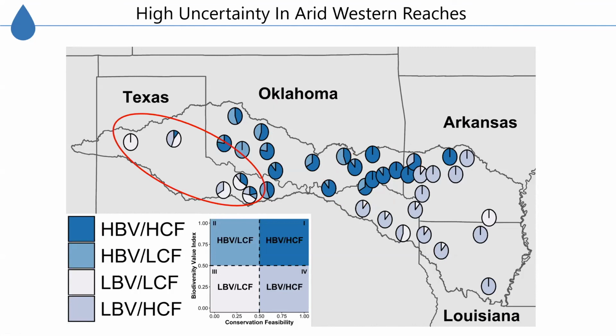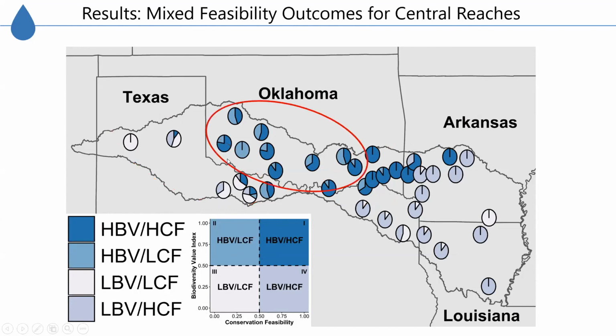In the western reaches, there's pretty high uncertainty because each one of these sites falls within at least one of these quadrants once, or just remains consistently low biodiversity value, low conservation feasibility. There's some mixed outcomes in terms of the central reaches. So sometimes they can remain high biodiversity value, high conservation feasibility, but sometimes shift to low conservation feasibility.